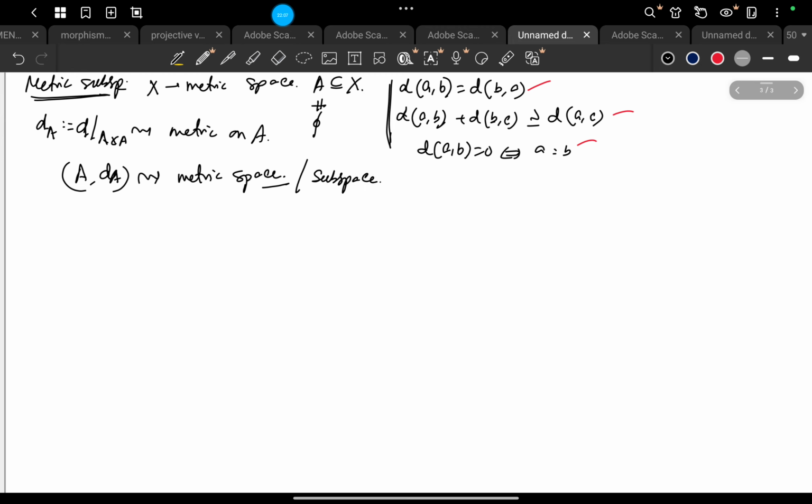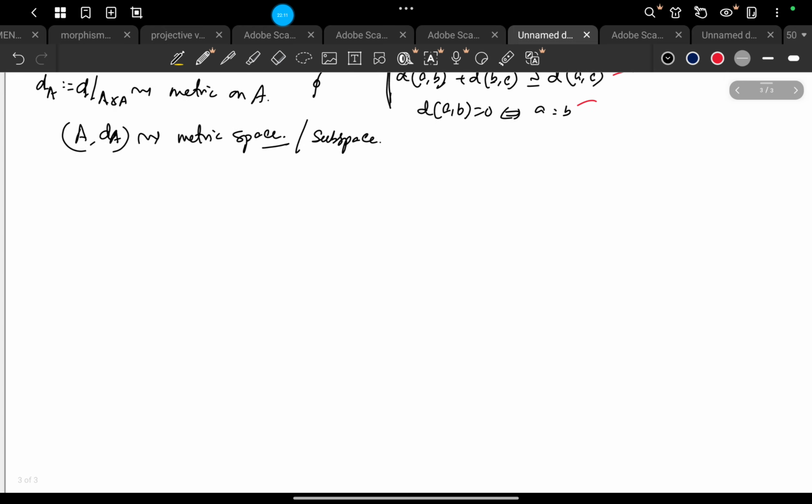As an example, suppose (R, d) with the Euclidean metric.